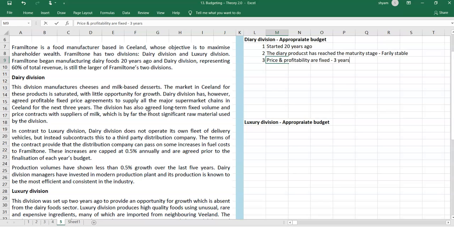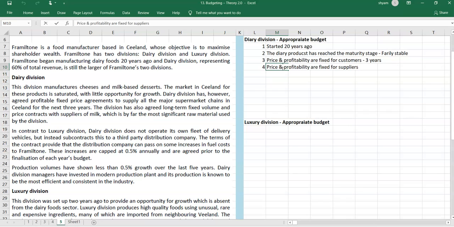Okay, the division has also agreed long-term fixed volume and price contracts with suppliers of milk. So they are fixed for customers. The next point is they are fixed for the suppliers also, not for how many years we don't know, but it is fixed, for milk, which is by far the most significant raw material used by the division.